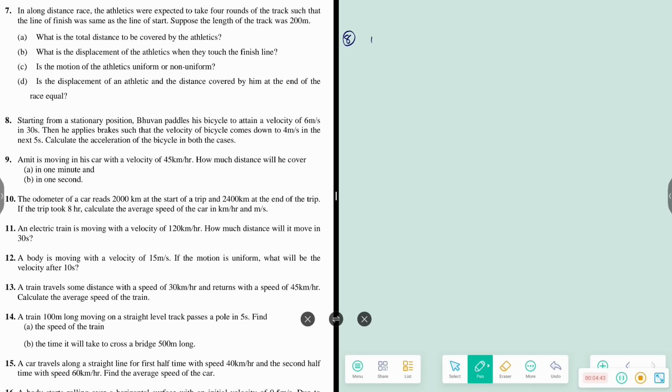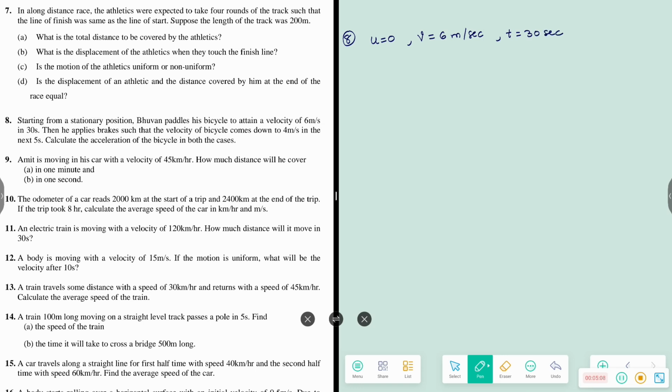We have to take initial velocity as 0 because starting he is at rest position. Then he attains a velocity of 6 meters per second. Means what? Final velocity is equal to 6 meters per second. This we have to keep in mind, initial velocity is 0, final velocity 6 meters per second, and time is given, time is equal to 30 seconds.